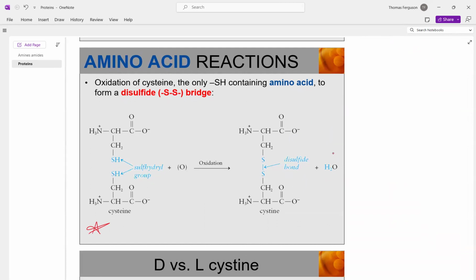That's that double bonded sulfur here. Now, if that amino acid is in a protein and the protein is folded, that's going to be a covalent crosslink. Very, very strong. It's the strongest crosslink there is with proteins.